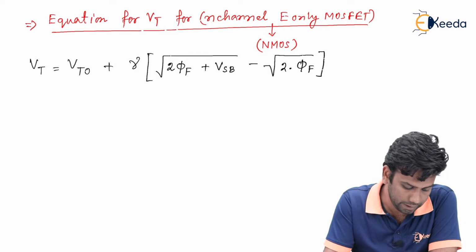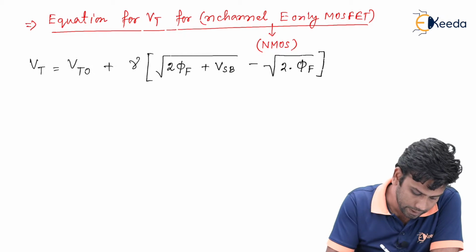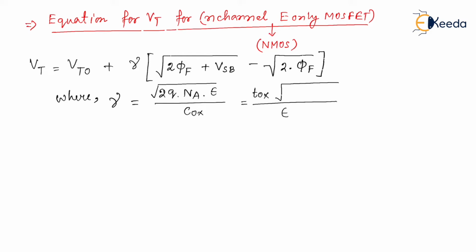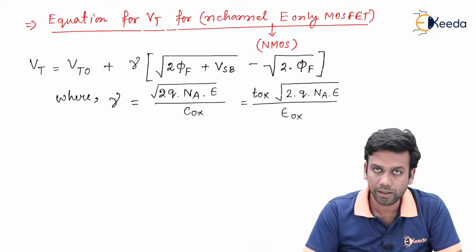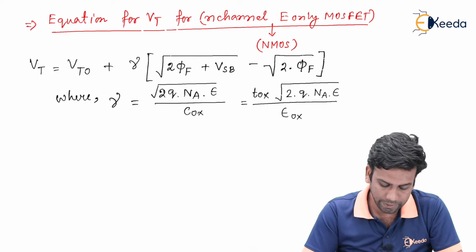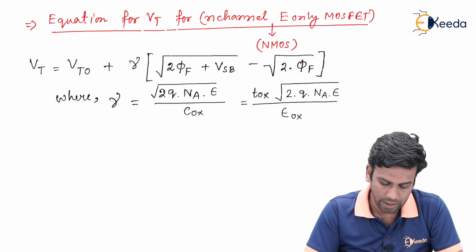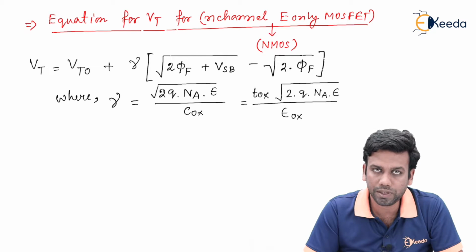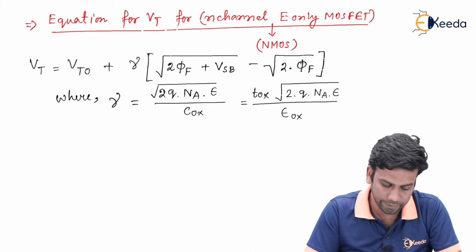So, this is the equation that determines the threshold value for the NMOS, where the gamma value can be written as root over 2 q Na epsilon divided by Cox, and where this Cox can be written as epsilon ox by tox, and we know that Cox is the capacitance of the oxide per unit area. So, in this form the gamma value can be written.